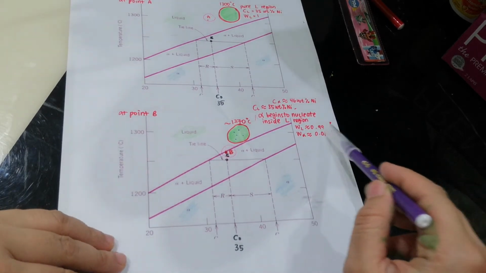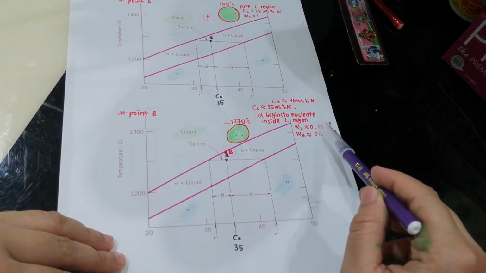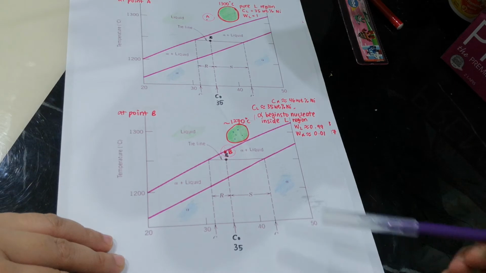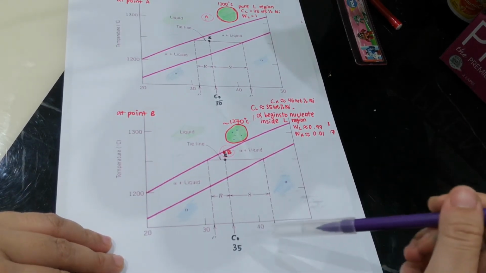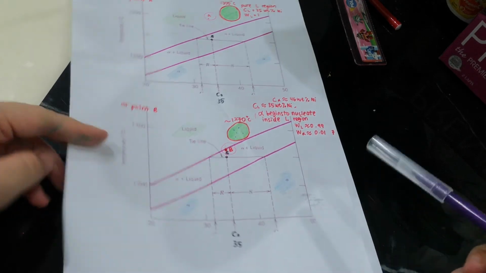You can get the fraction of liquid and solid from the lever rule when you already know C alpha and CL.